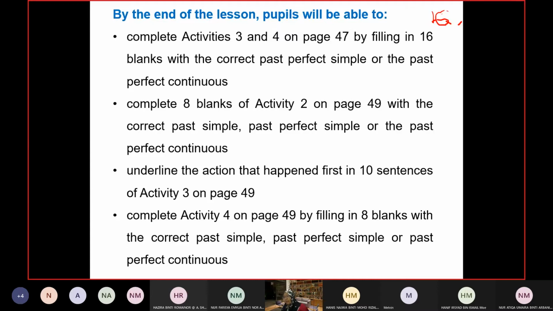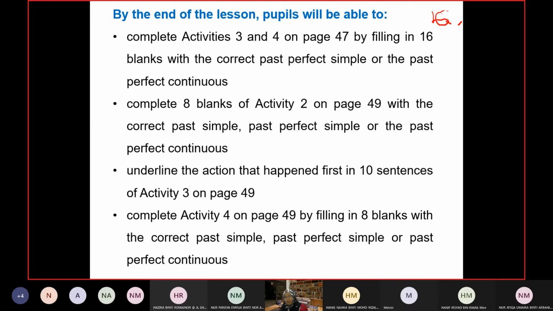Next one, I had been shopping for ages. Dia shopping dalam waktu yang lama sebelum, before I found the perfect gift. So the notes there, we must use the past simple for both actions when one past action happens quickly after another. Okey, ini nota dia.